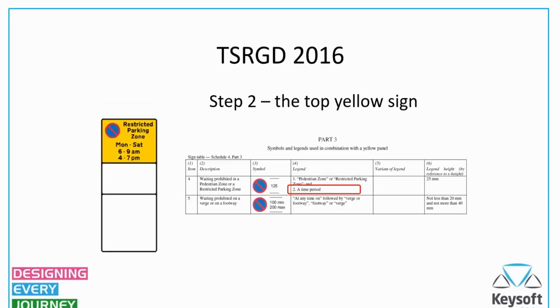And then underneath there, it says I can also put a time period on that sign. So if I put Monday to Saturday, 6 till 9 and 4 till 7, there's my times on that sign. So I've now created that top sign just by going through the various parts of item 4 on part 3 of this. So now I can move on to the second sign underneath.